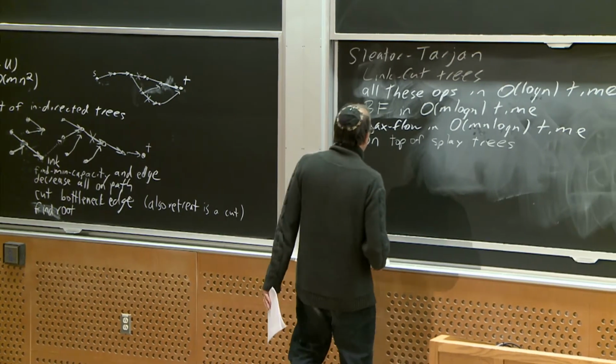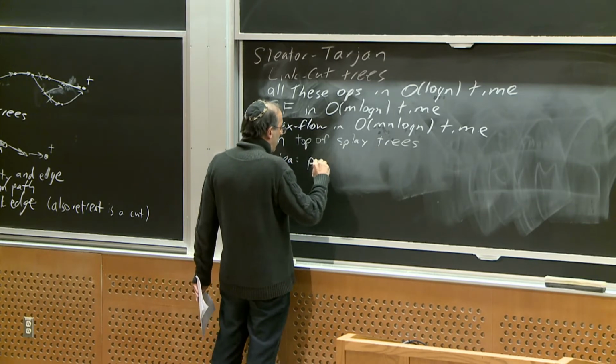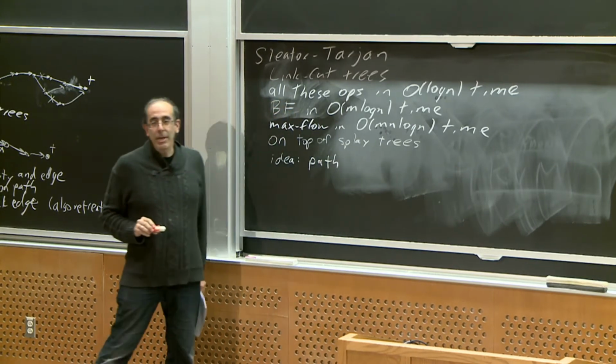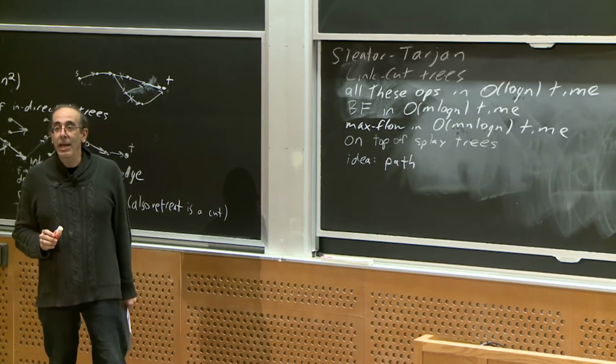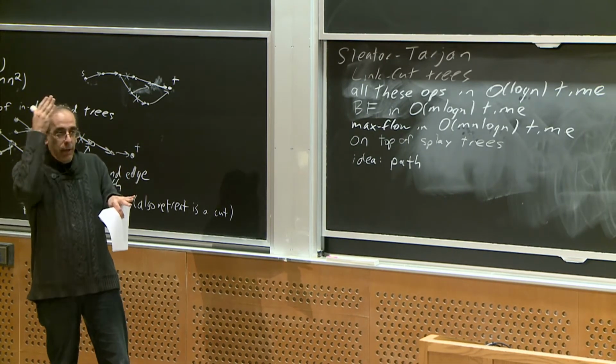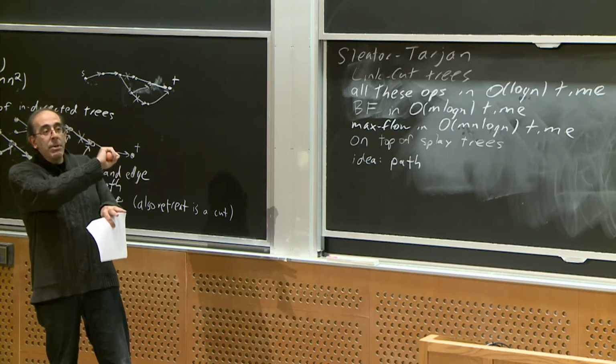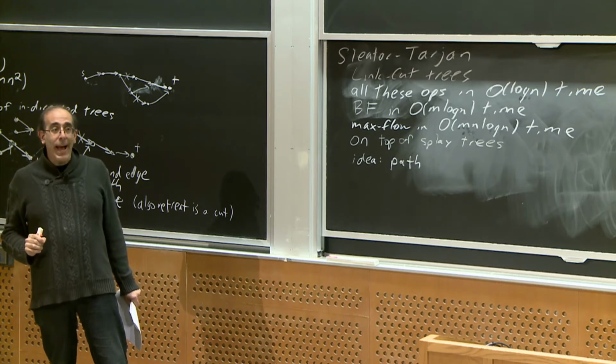And it gets a little bit complicated, but a quick sketch of the idea can emerge if you think about not maintaining trees, but just wanting to maintain paths as you concatenate two paths or split a path in a particular point or want to ask about the minimum value on a path.